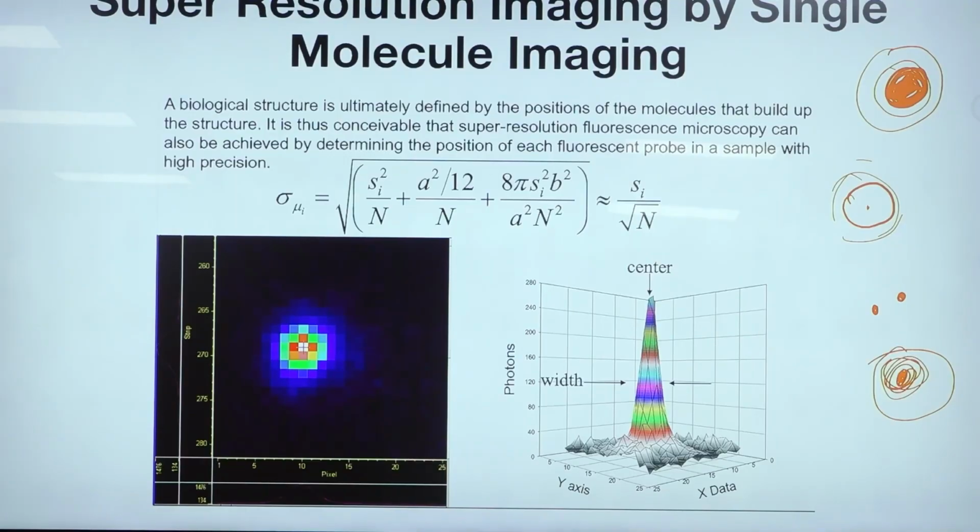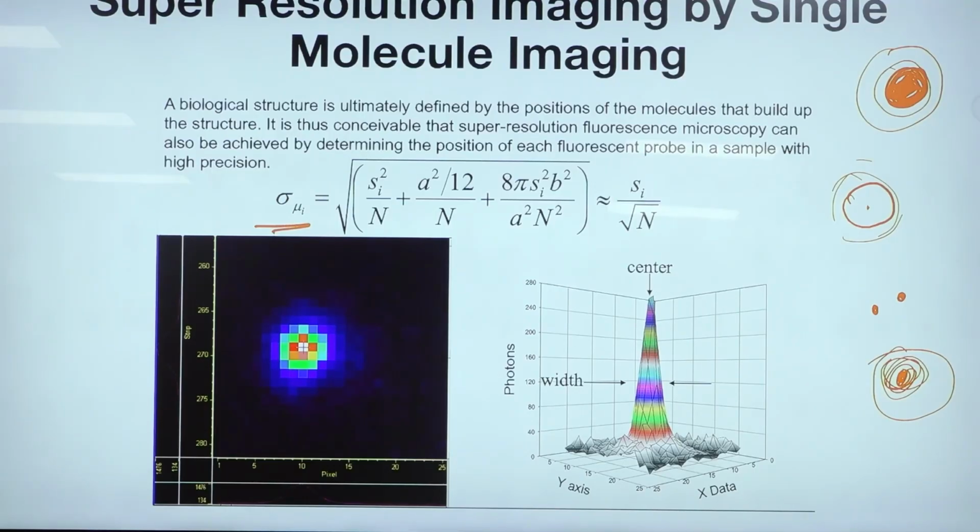So if you have one dot from which light is emitted, figure out the center of the dot. There is a mathematical expression as to how precisely you can measure the center of the dot, and the answer is very, very precisely.